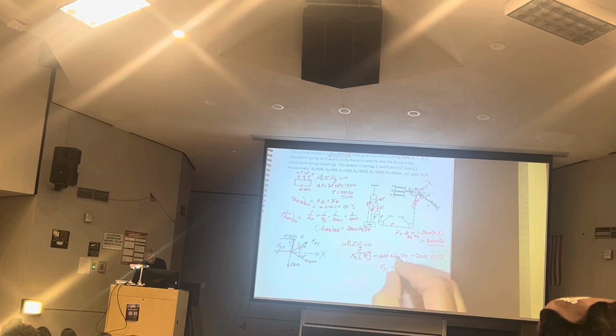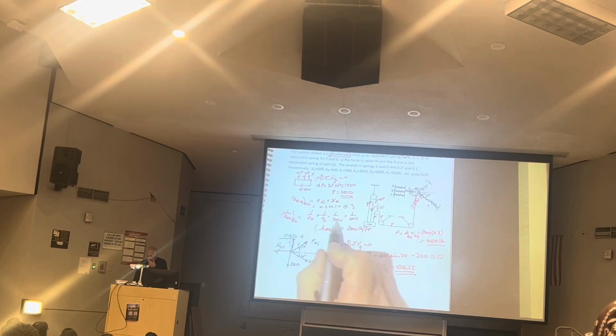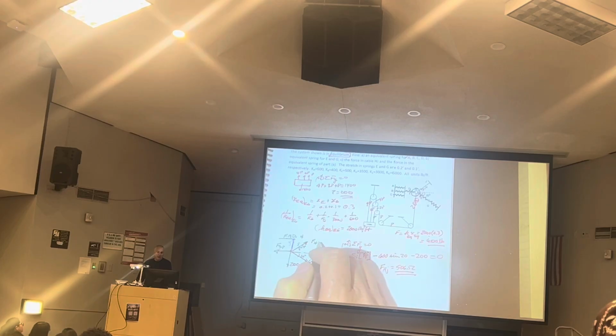FHJ comes out to 506.52. Doing this algebraically? Put in your calculator 1/3000 equals, 1/6000 equals, add them together, then take the inverse of it.